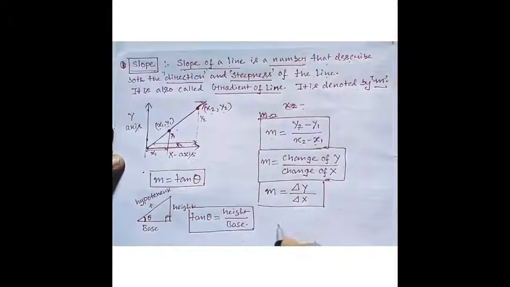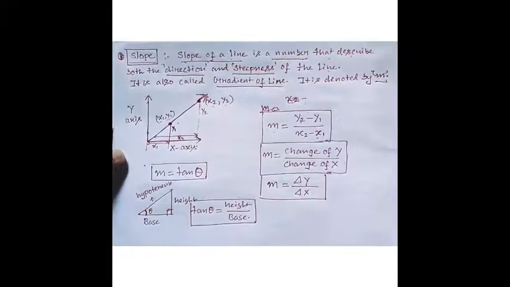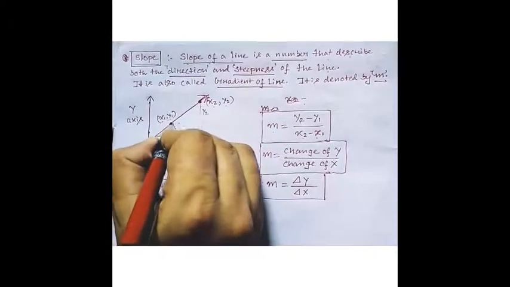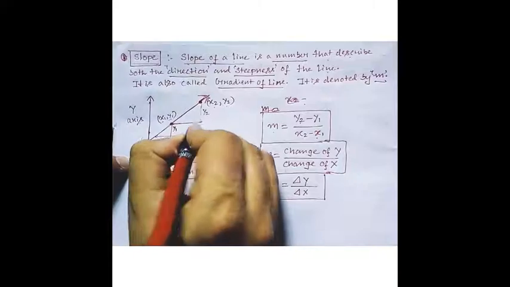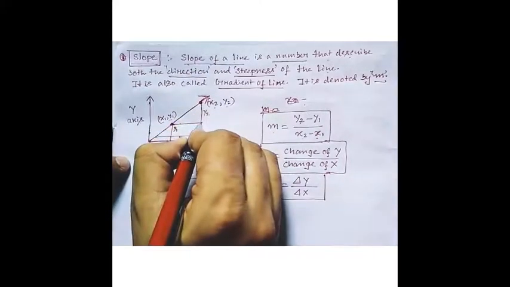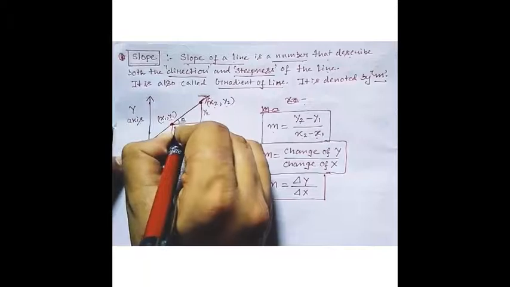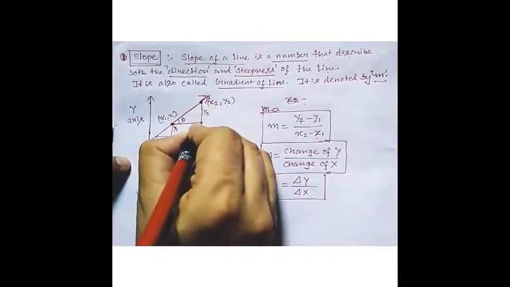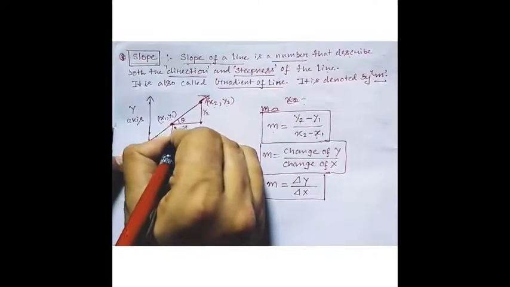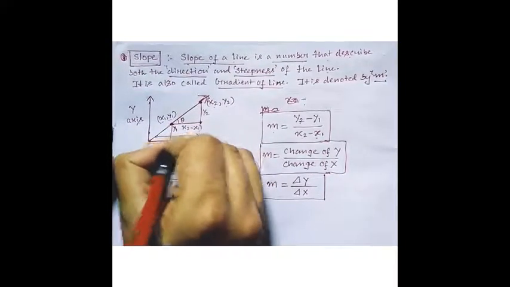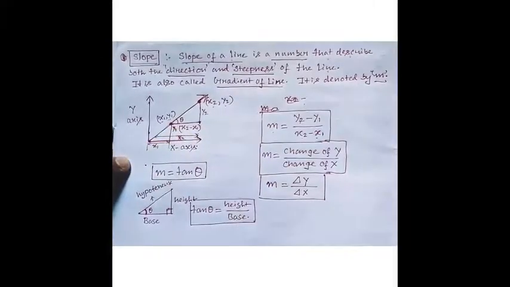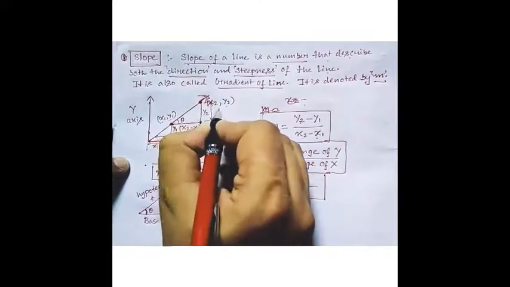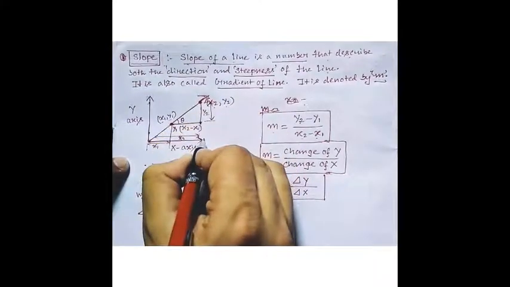Now I will show you how from this graph you will calculate this theta. So this is the right angle triangle and this angle is theta. So the base of that is x2 minus x1, and this is the height of the right angle triangle.